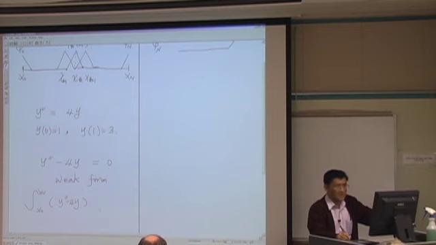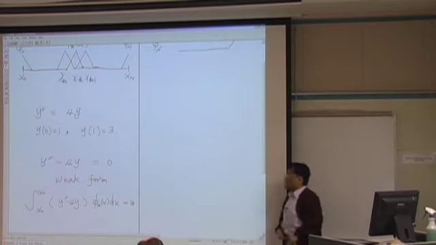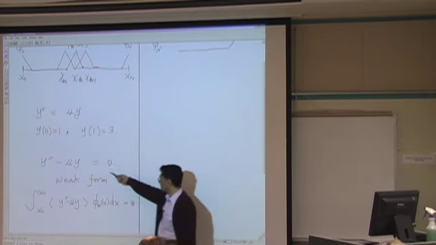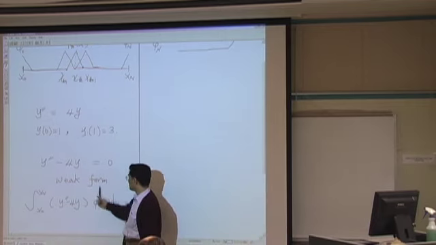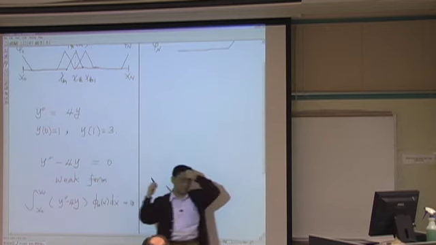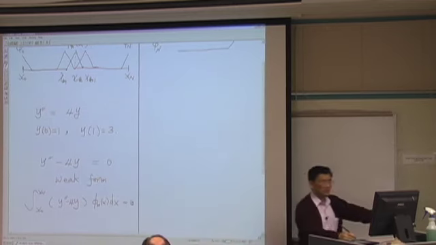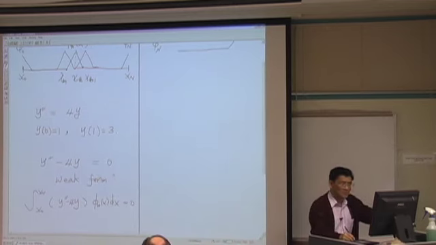This function multiplied by p sub k of x dx, and then because this is 0, the integral should be 0 too. So this direction is always correct, but the other direction is not necessarily correct. So this is the reason why it's called weak form. So this direction is always correct. This direction isn't necessarily correct.